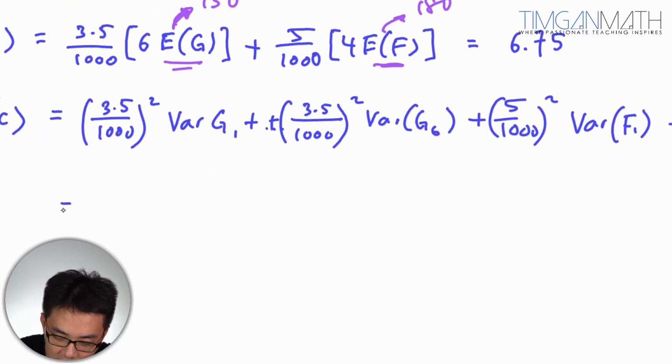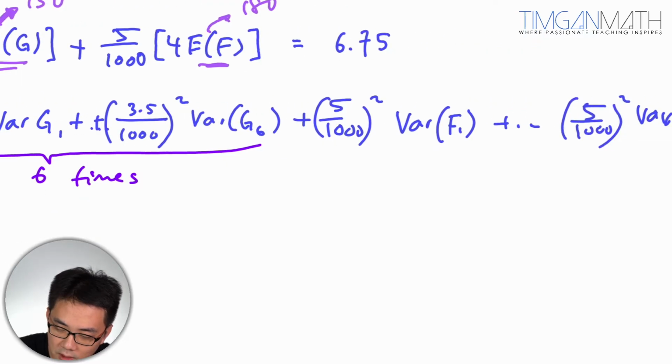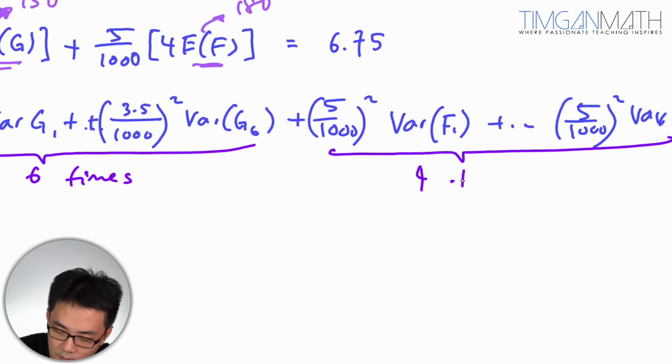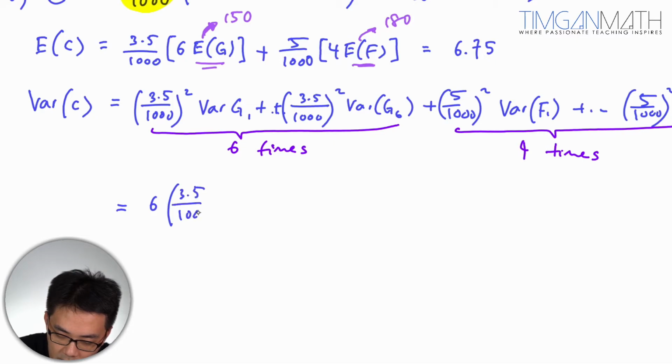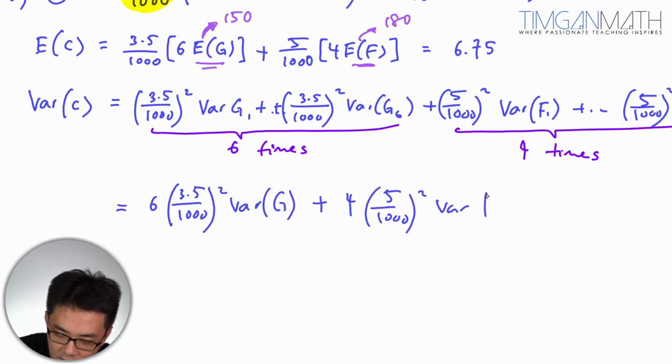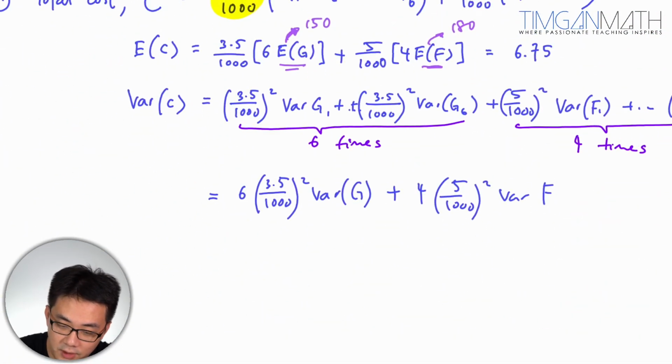Then basically what we need is 6 times, because we have 6 times here, 6 times variance G, and here is 4 times. So what we get is 6 times (3.5 over 1000) squared times variance G plus 4 times (5 over 1000) squared times variance F. Now we just key in variance F. Variance G is given here, so this is 11.7 squared, and this is 12.2 squared.